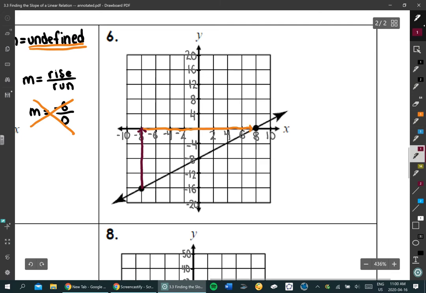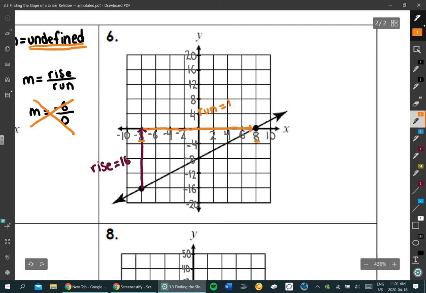Okay, so rise, what does rise equal? It's positive because we're going up, but we went from -16 all the way to 0. So we rose by 16. We went up 16 units. Our run, well, we started at -8 and we went all the way to +8.